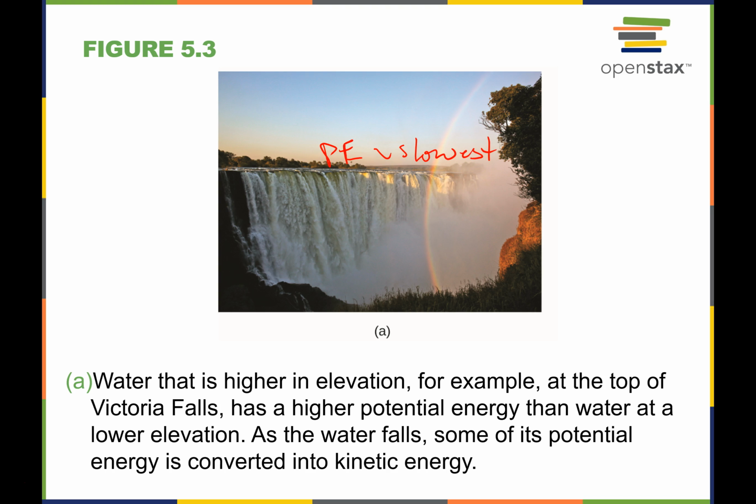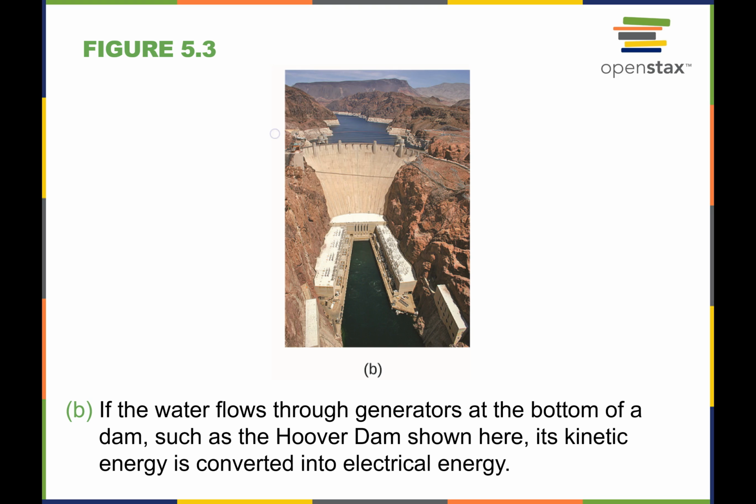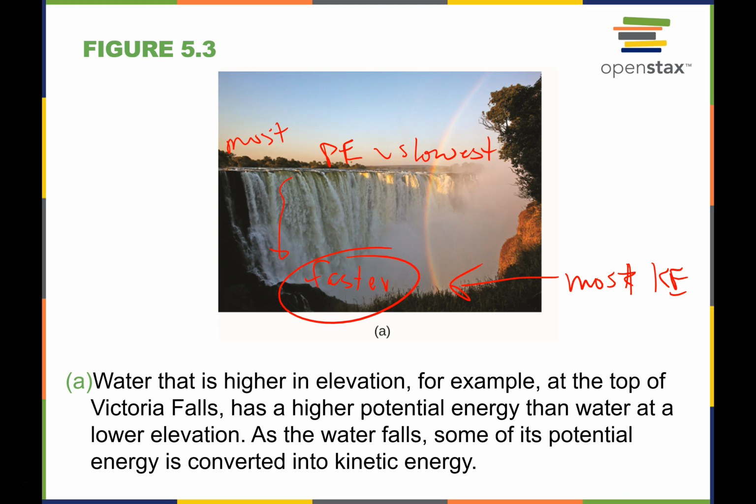Due to the gravitational attraction between the water and the earth, as it free falls, it goes faster and faster and faster. So down here, it has the most kinetic energy, most KE, and up here, it has the most PE, potential energy.